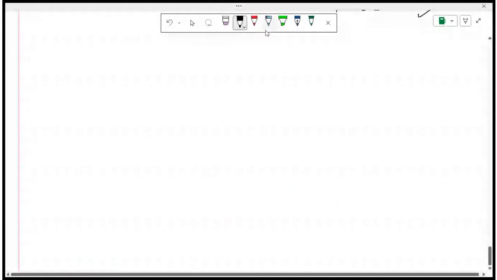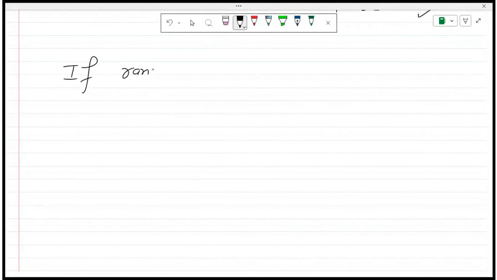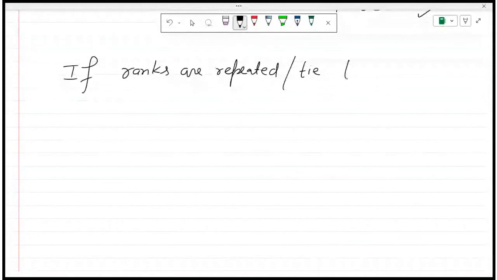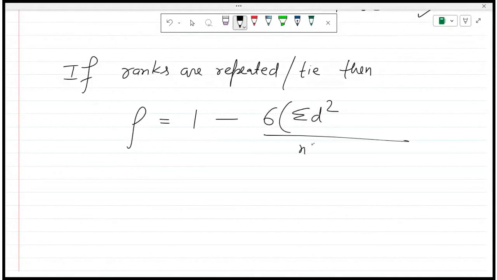When ranks are repeated, or there is a tie in the rank, then the formula for rank correlation coefficient is 1 minus 6 times the sum of d square, this whole divided by n into n square minus 1.